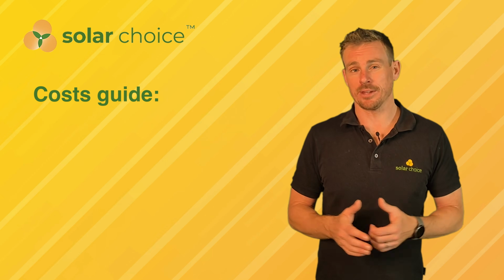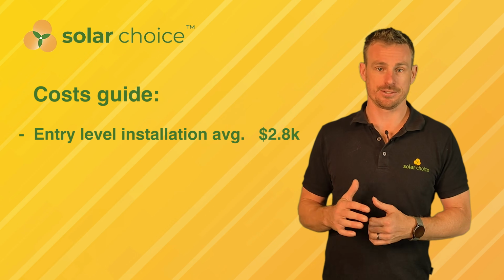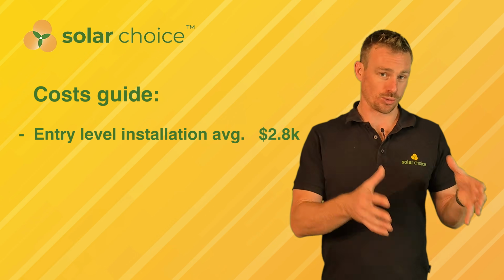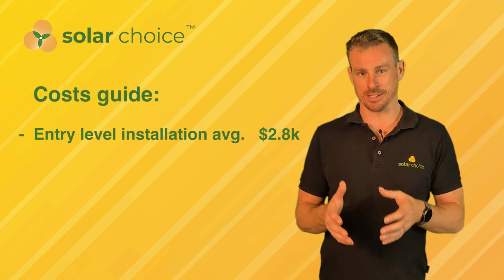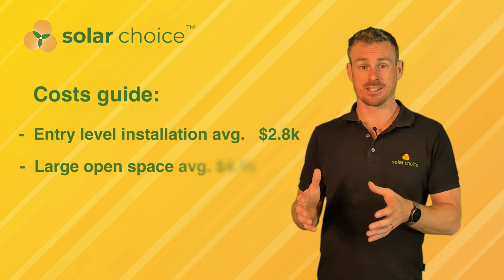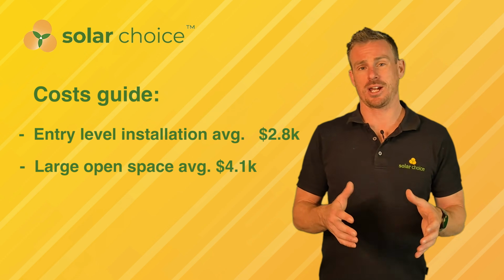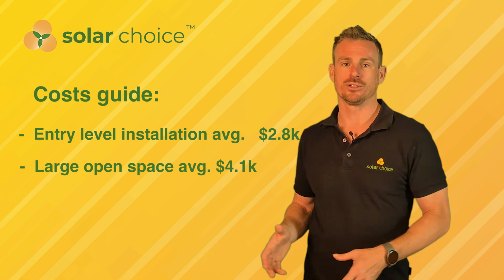So let's talk about the cost. For an entry-level 2.5 kilowatt split system, the fully installed cost for an average home is typically around $2,800. If you're looking at a bigger 6 kilowatt system for a large open space, then the average cost is around $4,100.